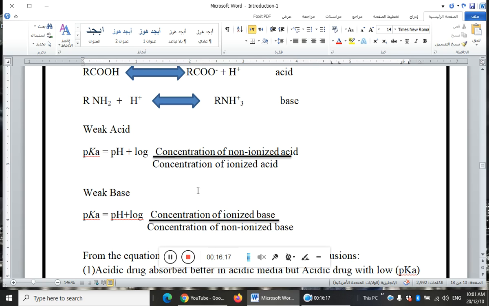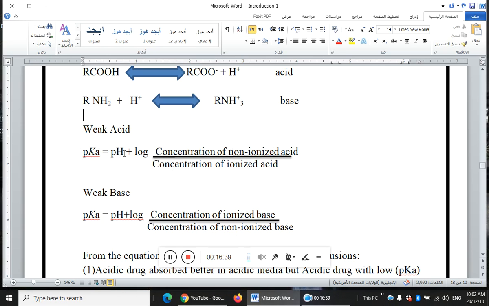And you see here that in the acid and base equations, the non-ionized and ionized forms are reversed, which means here the ionized acid, while here the ionized base, and here the non-ionized acid, and here the non-ionized base.